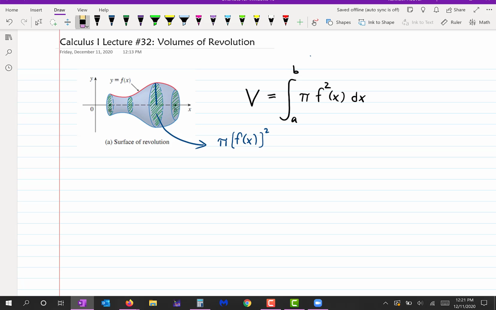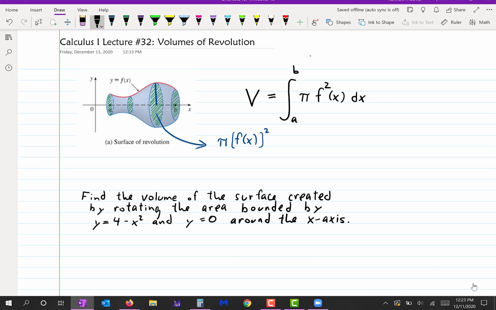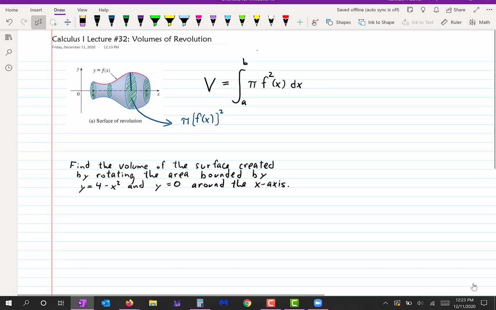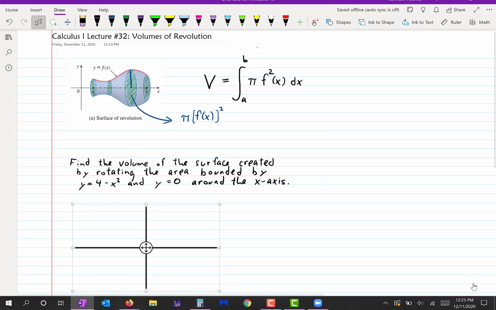So let's just do a practice problem. Okay, look at that question. Find the volume of the surface created by rotating the area bounded by y equals 4 minus x squared and y equals 0 around the x-axis.